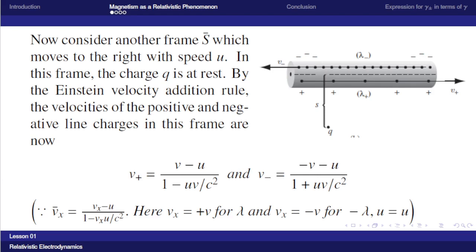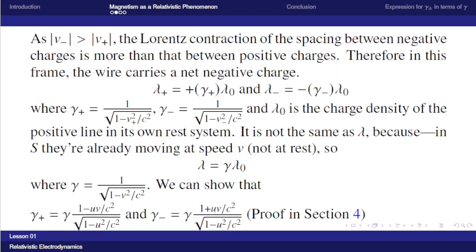In that frame also these charges are moving with the velocities V plus and V minus. And lambda 0 is the charge density in a frame in which the charges are at rest. So it is not the same as lambda. Lambda is the charge density in S frame, because in S frame they are already moving with the speed V.